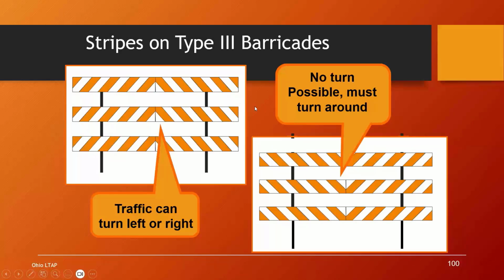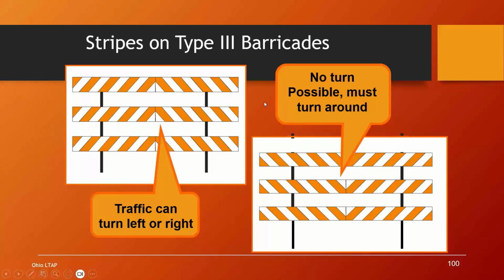So if you're closing a roadway, you generally put two barricades together, like you see on the right, such that the stripes form a V, and then you could hang your sign on it that says road closed or detour. The one on the left means that you can drive on either side of those barricades.